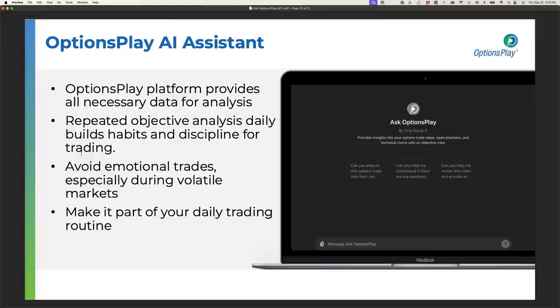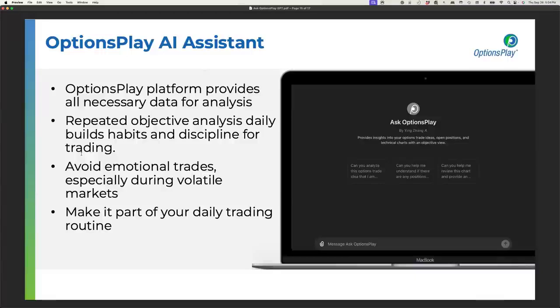And what we suggest is that you build habits and discipline with your trading by using this daily. So when you're thinking about placing a new trade, when you're analyzing your portfolio every single day, when you're analyzing new research ideas and exploring a technical chart, use this tool on a daily basis.